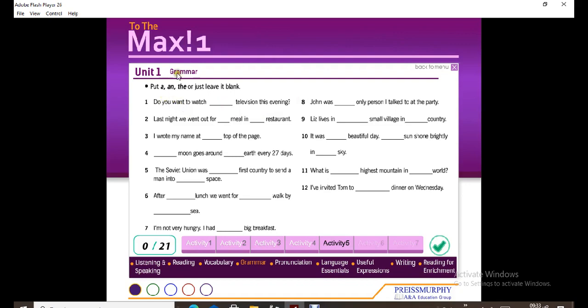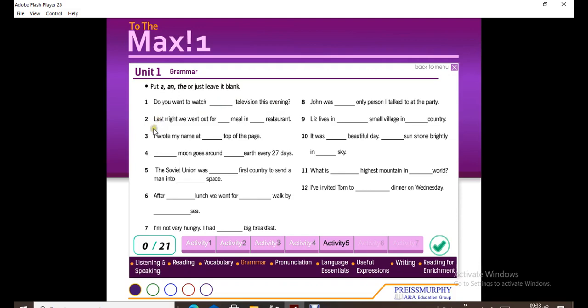Now, number 1. Do you want to watch television? I put nothing. Do you want to watch television this evening?